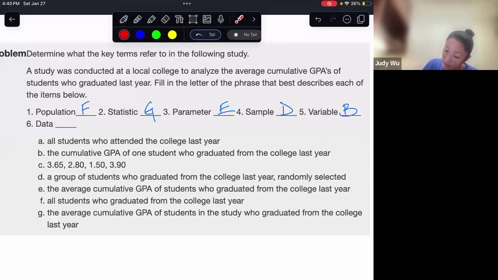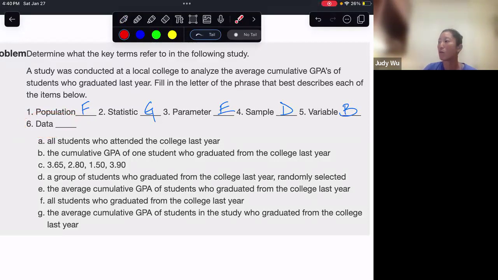Last but not least in our text, it talks about data. Data is a word that we talk about a lot, so it's important that we know what it means. All it means is the actual values of our variable. In this case, we're looking at GPA, so our data will be numbers.